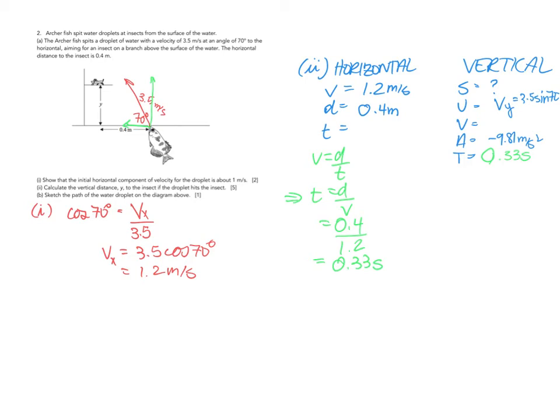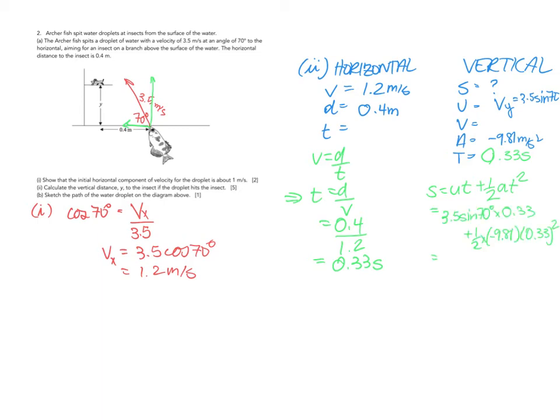So now that says I need an equation that has S, U, A, and T. That's the one I need from my list. Now, I don't have a 0 here, so don't go canceling things out. Let me put in the numbers.